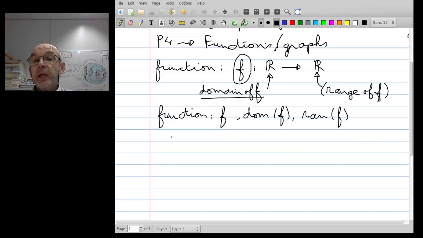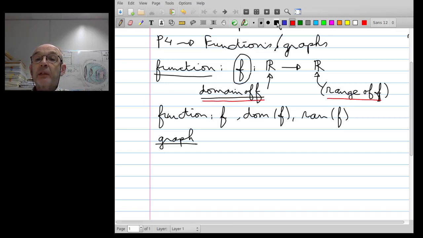And then you have a graph of f. So of importance for a function are the domain and the range, and then you have a graph.